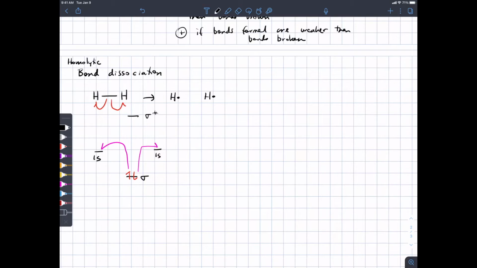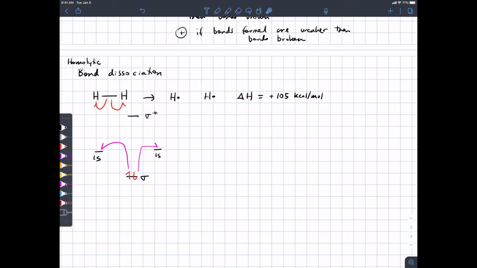So people measure the enthalpy for this process, and for hydrogen, it's uphill by 105 kilocalories per mole. Remember, positive enthalpies are unfavorable, that's moving up in energy. Negative enthalpies are favorable, that's moving down in energy. So you would have to bring to the table 105 kilocalories per mole to break the hydrogen-hydrogen bond.